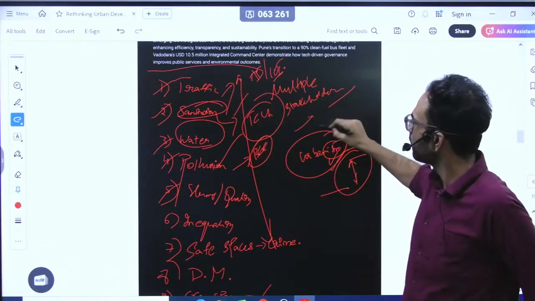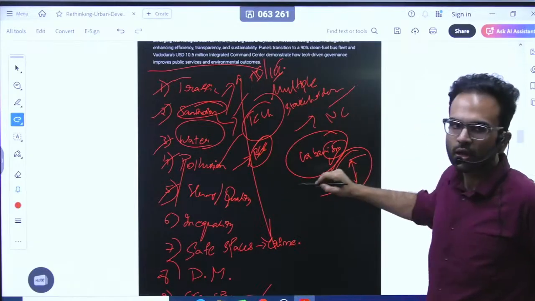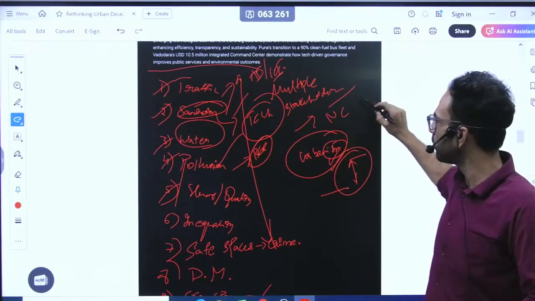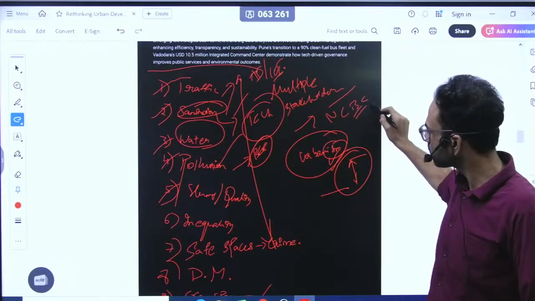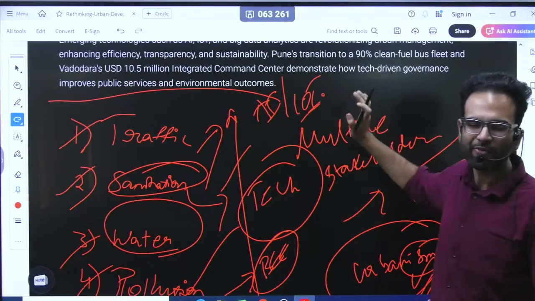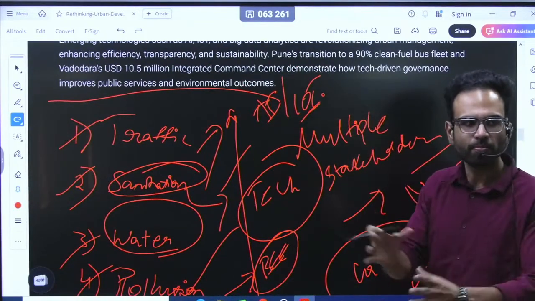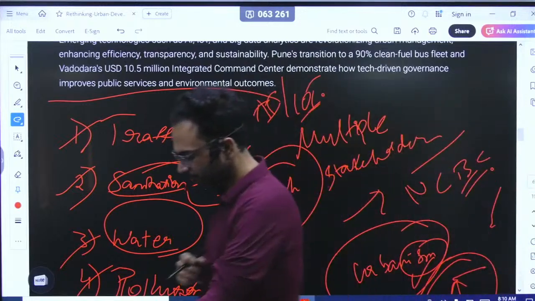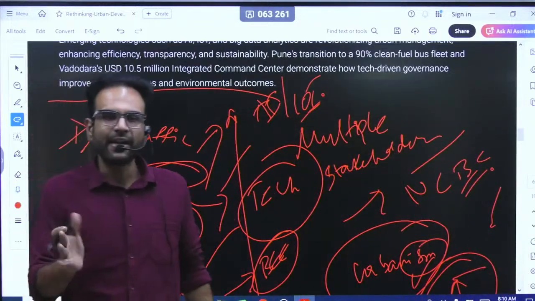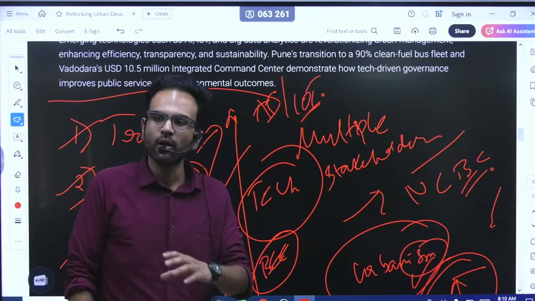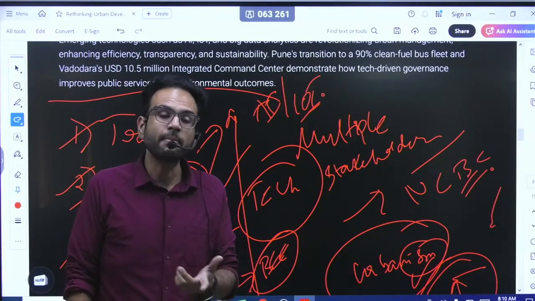Make it mandatory for National Conservation based building codes, NCBC. I forgot the full form. Building codes, basically. Green building codes. Okay? You need to make it mandatory.